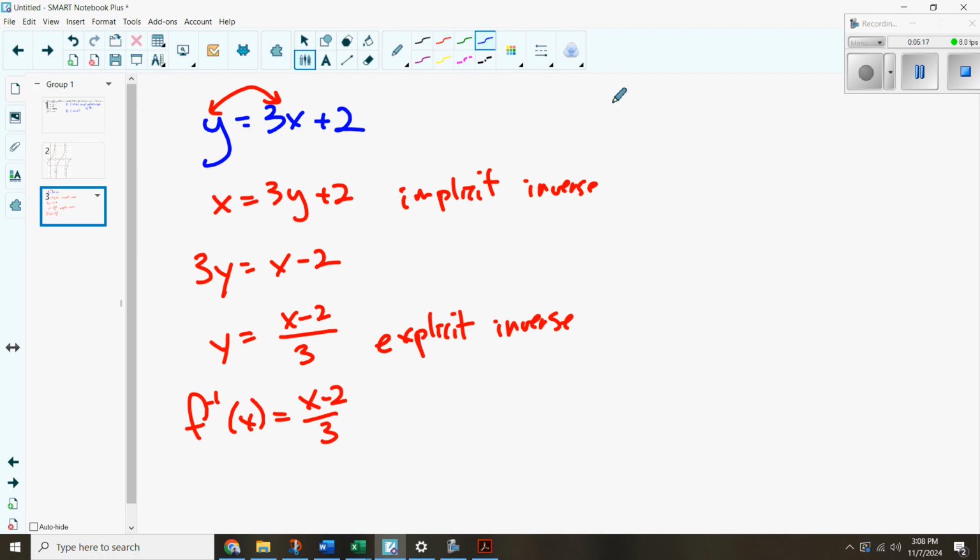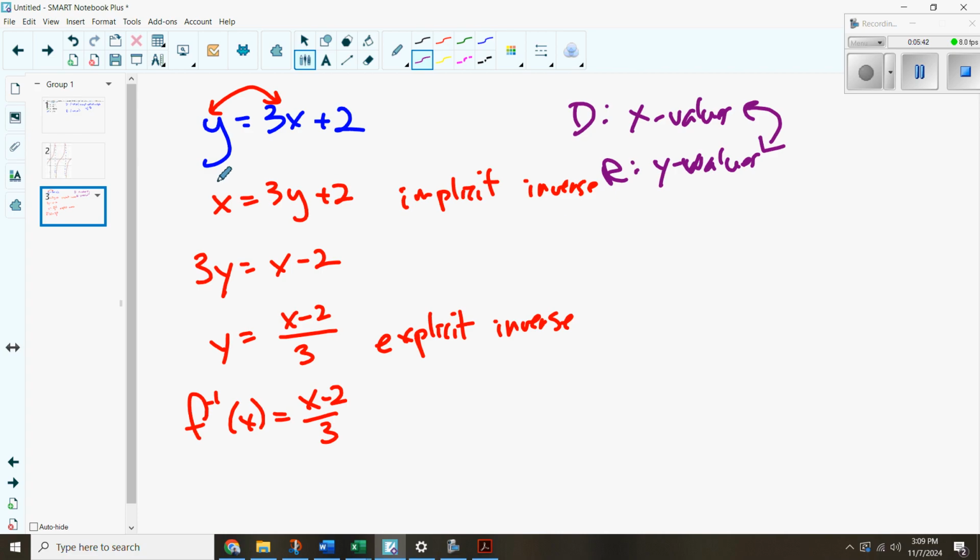Now, we know that domain are the x values, and range are the y values. So when we do an inverse function, we actually switch the domain and the range because the x's are becoming the y's and the y's are becoming the x's.